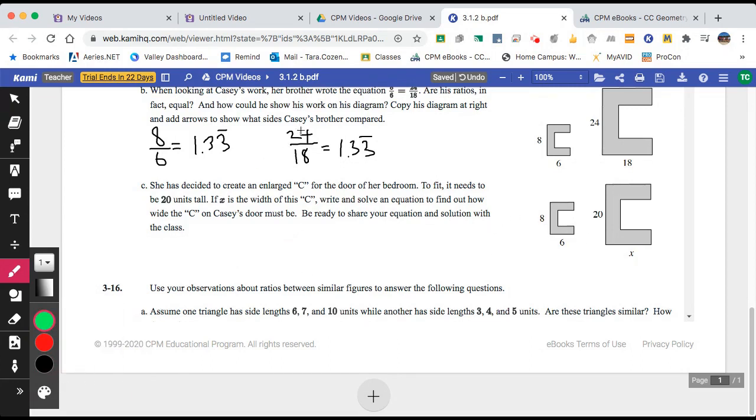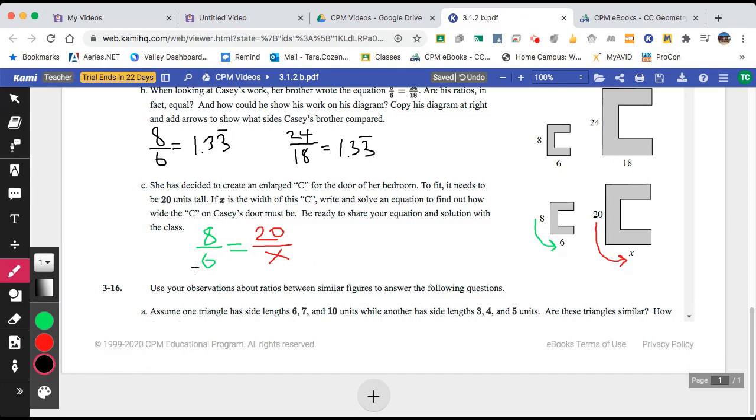And now we'll make them look like these two ratios that we saw in letter B. So these two, we're going to put 8 over 6. And then those two, so 8 over 6 equals 20 over x.